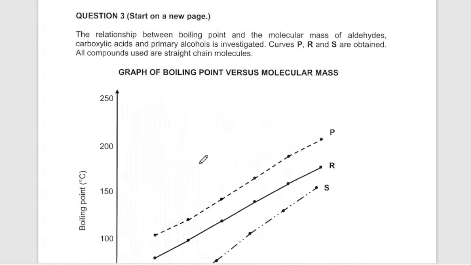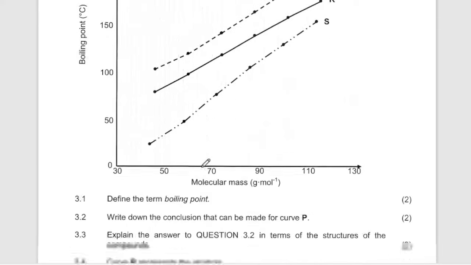They're saying the relationship between the boiling point and the molecular mass of aldehydes, carboxylic acids, and primary alcohols is investigated. The curves P, Q, R, and S are obtained. All compounds used are straight chain. This is a key point, a straight chain, so it means that you won't be disturbed.